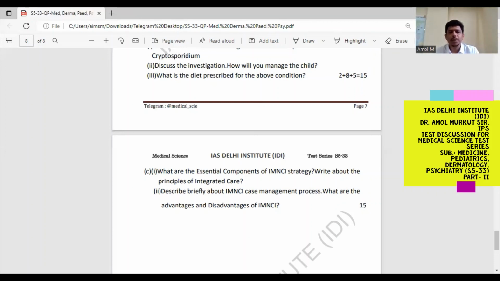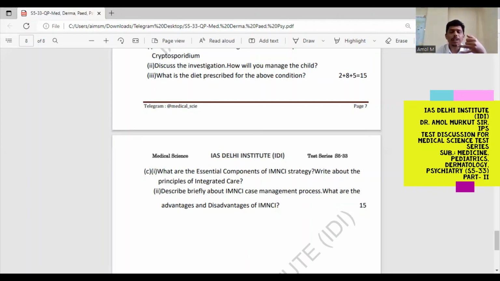Write about the principles of integrated care. What we do in the IMNCI, those are the principles of integrated care. What are the principles? Examine every child for any danger sign, which we have seen: signs of dehydration or pneumonia or fever or any danger signs.